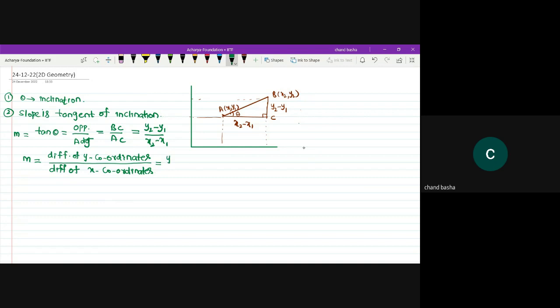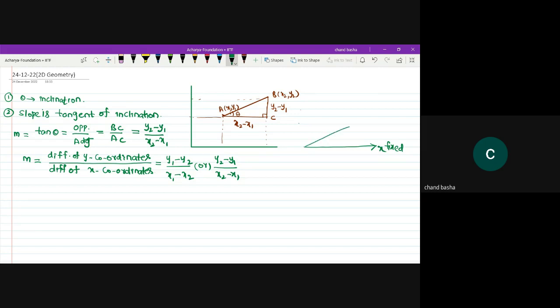If you want, you can take y1 minus y2, then the denominator should be x1 minus x2 only. Don't change the parameters. Or you can take y2 minus y1 divided by x2 minus x1. As I said, whenever you are finding an inclination, this horizontal line will be fixed. One line is fixed, another line will be moving.